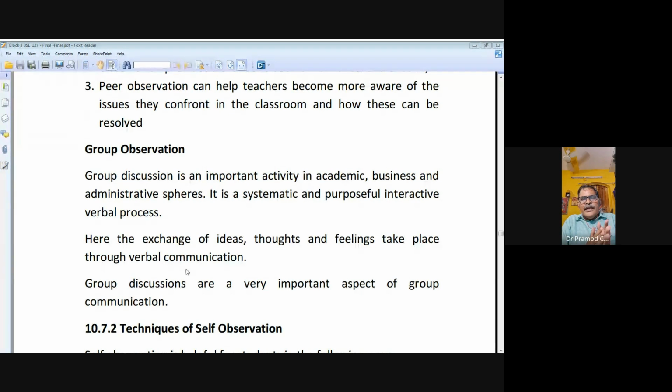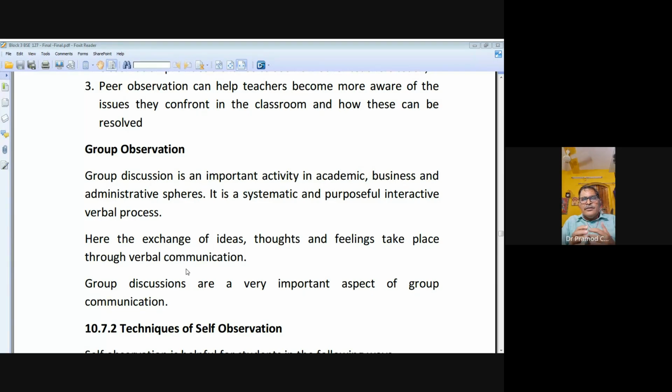How the interaction is going on, how the learner is exchanging ideas, thoughts, and feelings, and how it is reflected through his verbal expression. So in group discussion and group activities, group observation is possible.